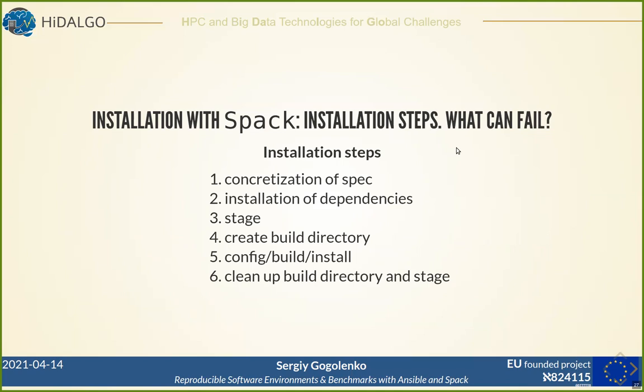In order to fix the issues which arise, you need to know the installation process in more detail. So the installation usually includes the following steps: concretization, installation of dependencies, staging, creating build directories, then the core installation process, which is configuring, building, and installation of the software from sources, and then cleaning up the build directory and removing the stage.